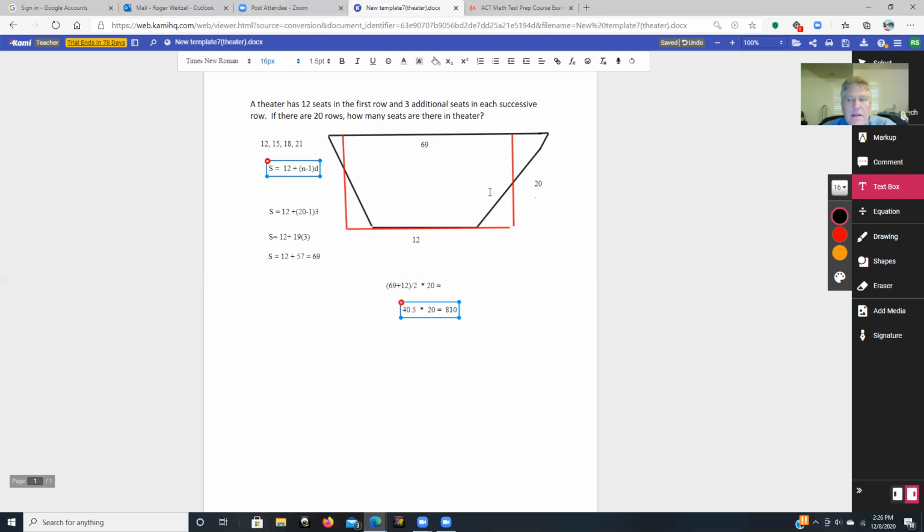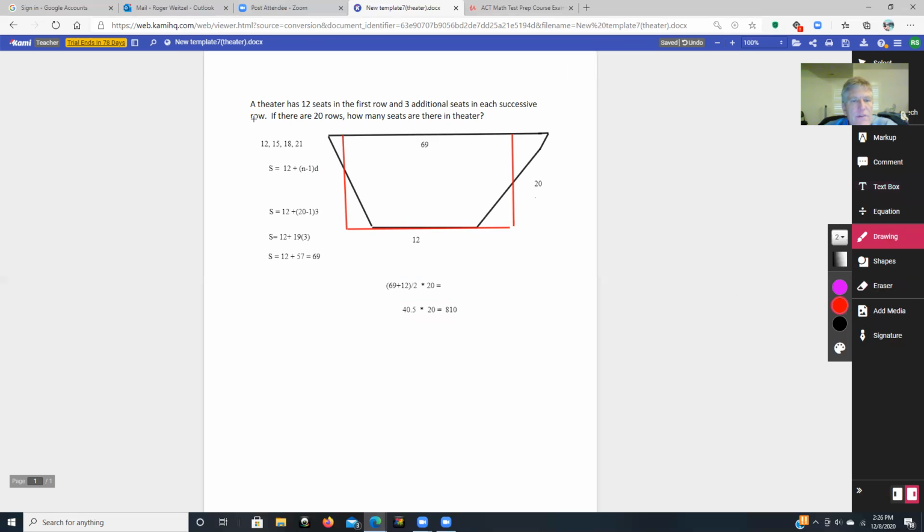So this thing that looked a little bit intimidating at the beginning turned out to be kind of easy.